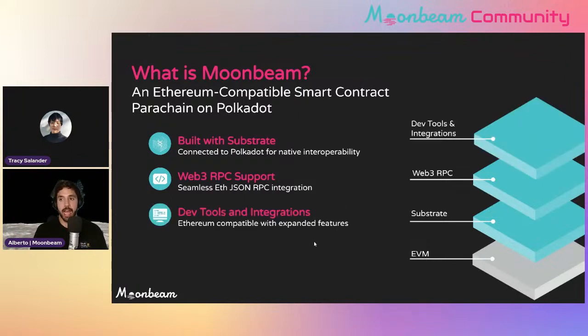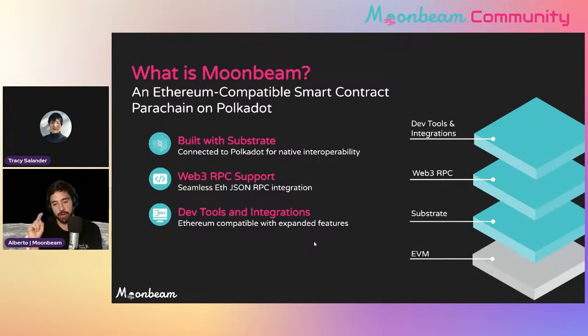This actually allows us to create an environment where all the development tools that people are used to using and all the integrations that developers are used to having are present on Moonbeam, right? So you have things like Gnosis Safe, you have Chainlink, you have Etherscan, which is called Moonscan, and you can use all the development tools that you're used to using, right?